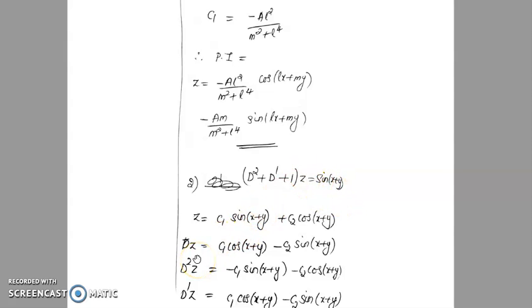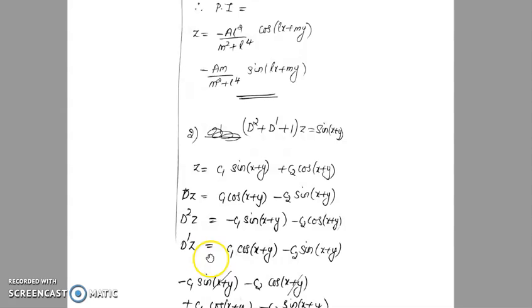So Dz will be, differentiating with respect to x, c1 cos(x plus y) minus c2 sin(x plus y), and D square z is minus c1 sin(x plus y) minus c2 cos(x plus y), and D dash z is c1 cos(x plus y) minus c2 sin(x plus y).